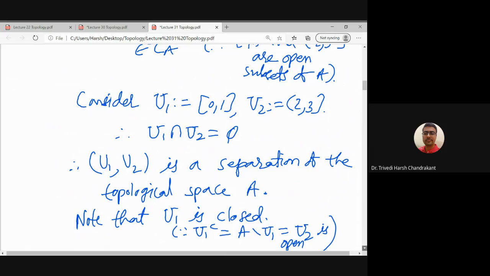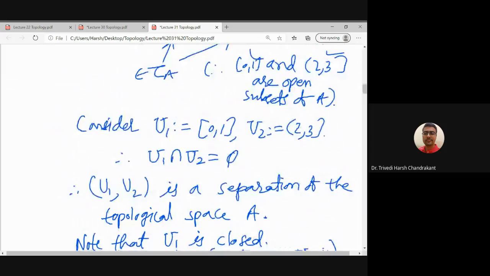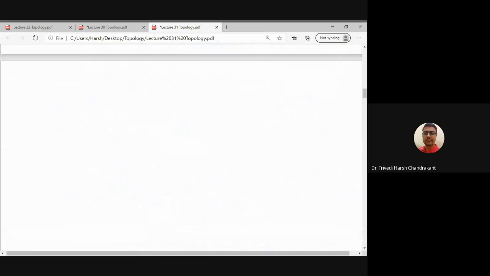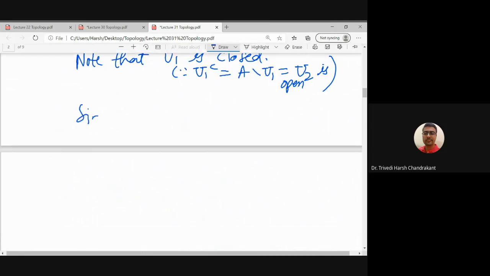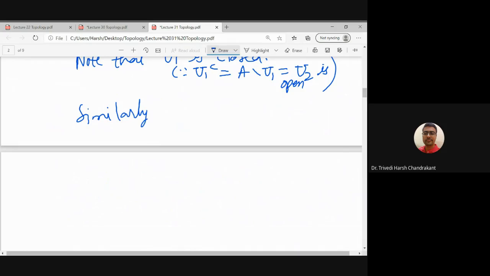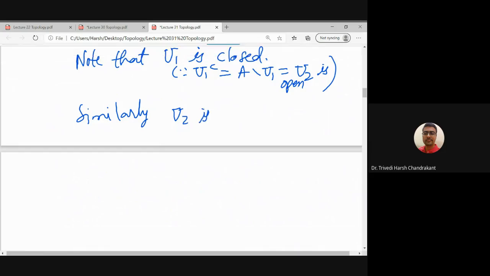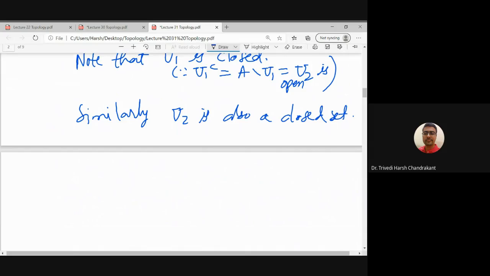So this is an example which says that similarly u2 is also a closed set. So what finally did we get from this example?